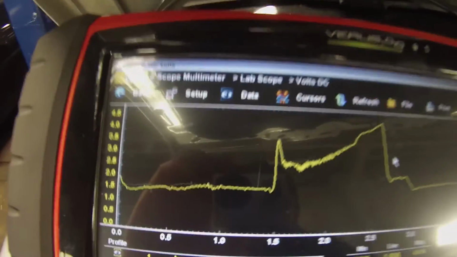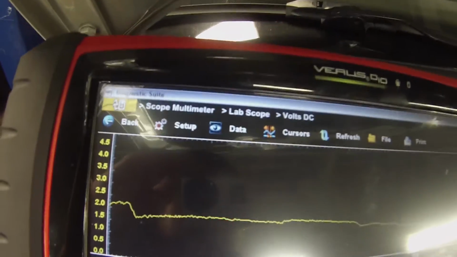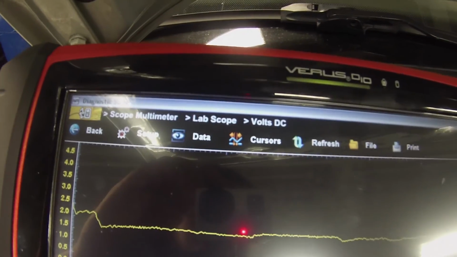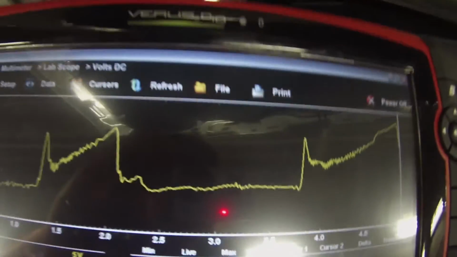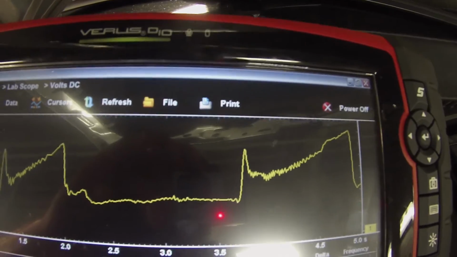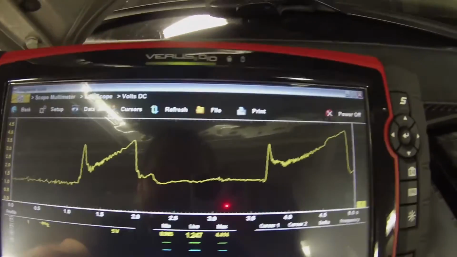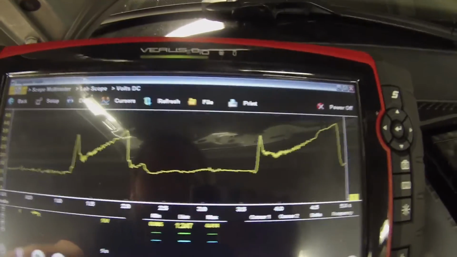There's another one. You can see it gets really hashy. I'm done fooling around with this car. It needs a mass airflow sensor. We'll see. Hopefully I can get an after shot.